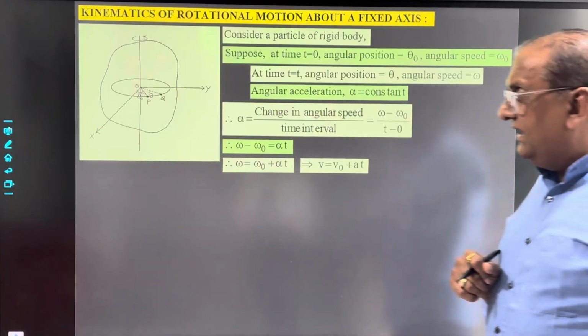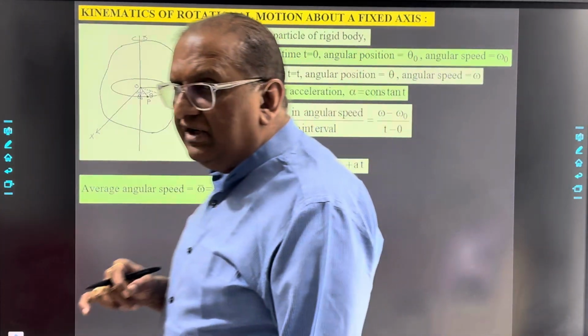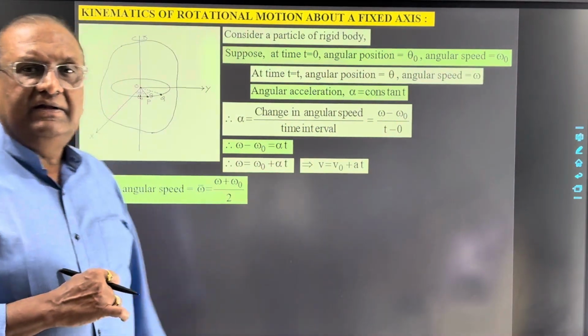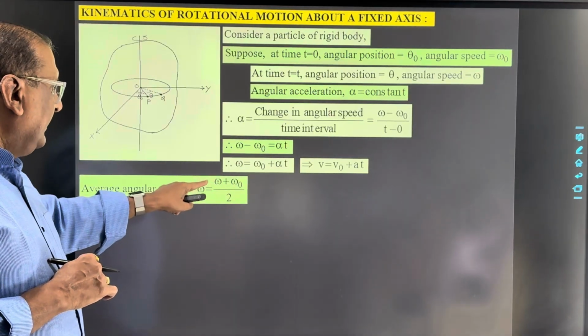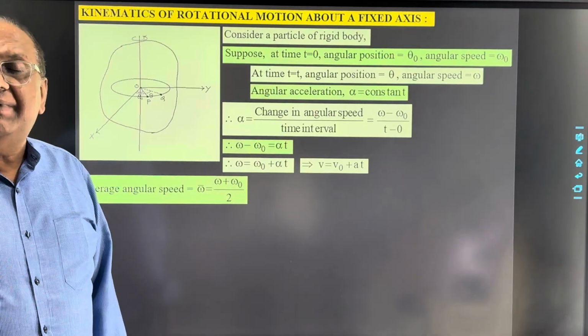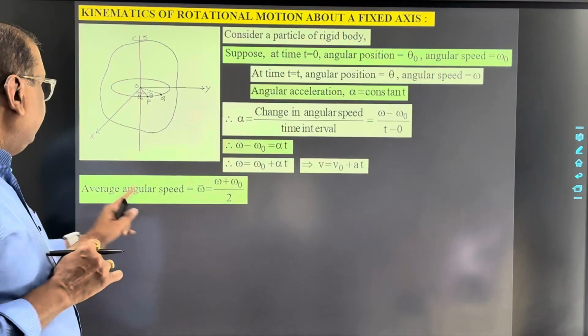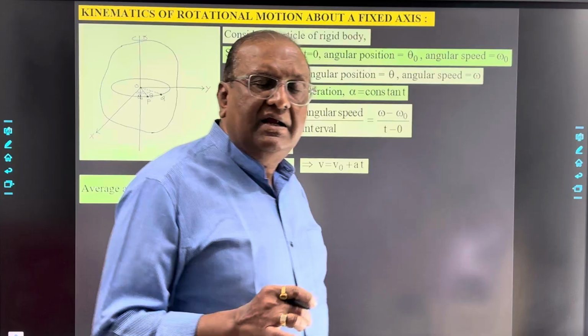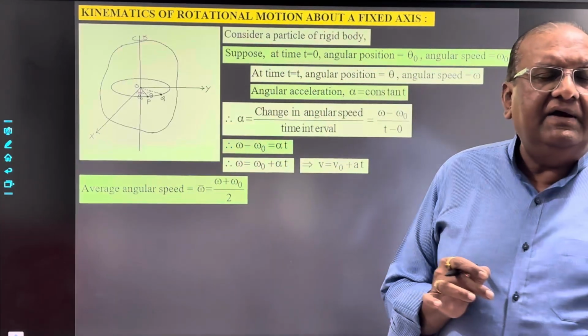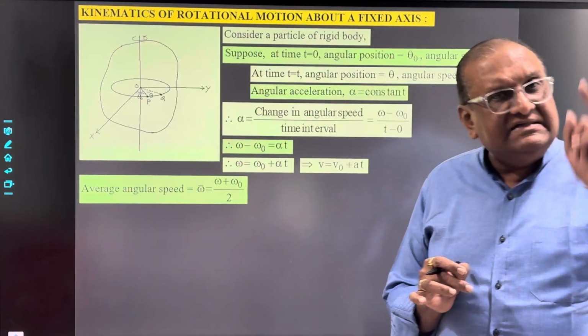Now here we can write the average angular speed as the initial speed plus final speed divided by 2. We can take the average angular speed in this manner only when the angular acceleration is constant.